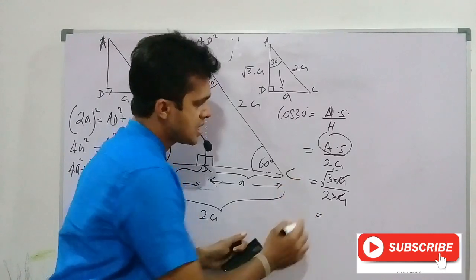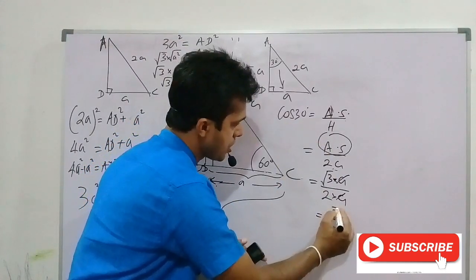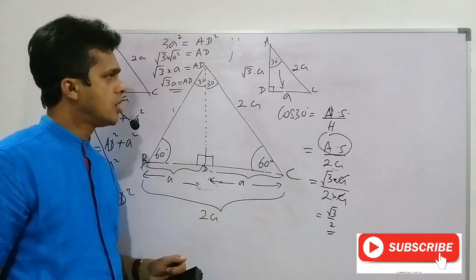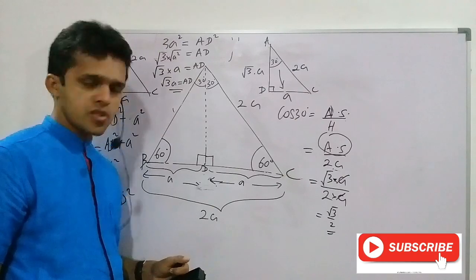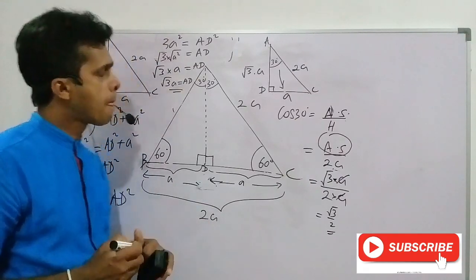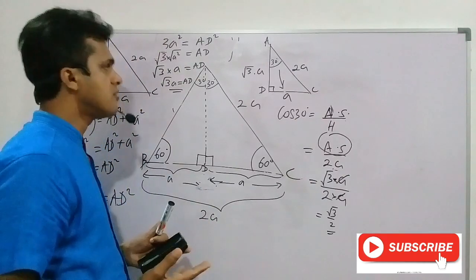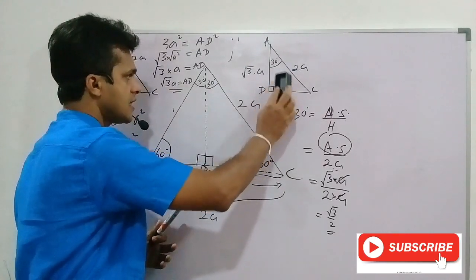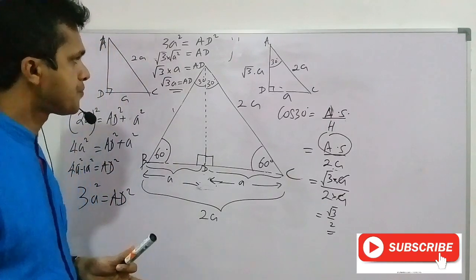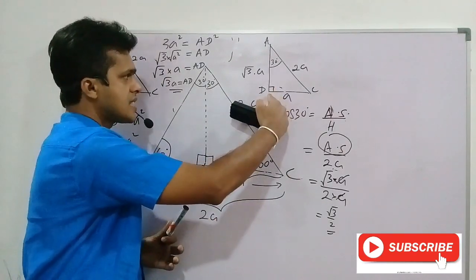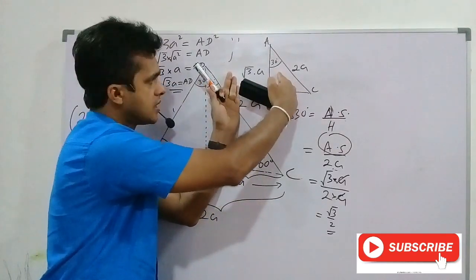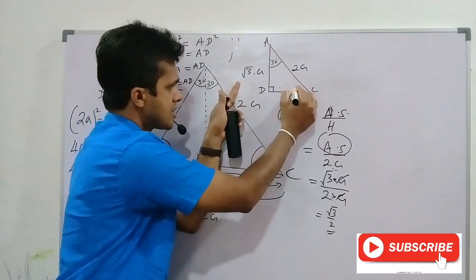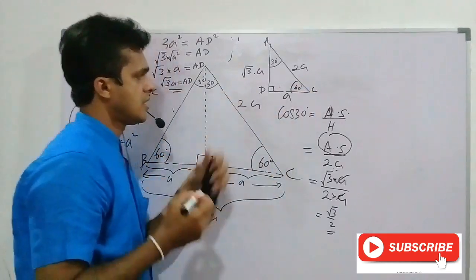So cos 30 equals root 3 over 2. How can you calculate the value of sine 60? Here is a right angle triangle. This is 90 degrees, this is 30 degrees. What is the value of this angle? This is 60.